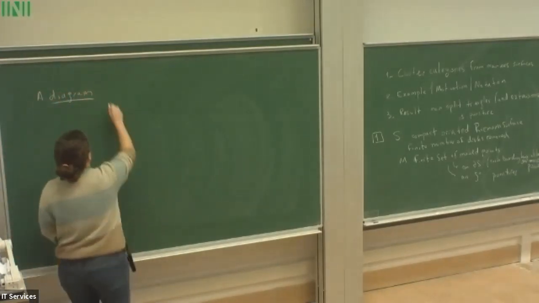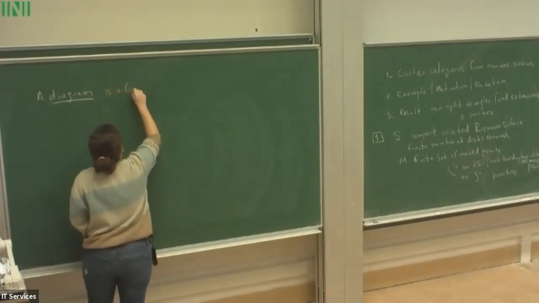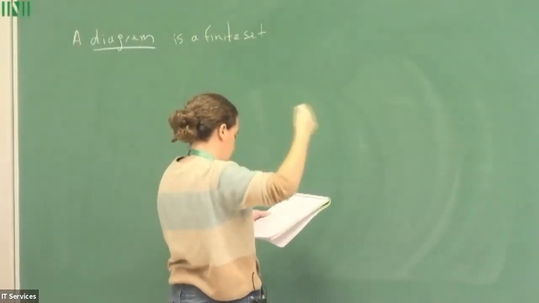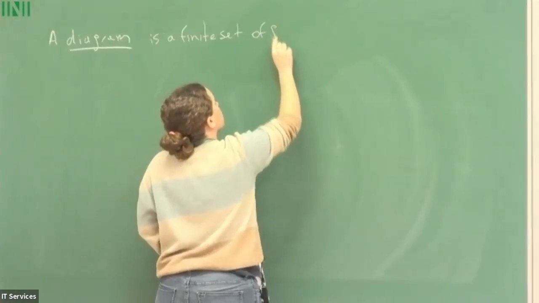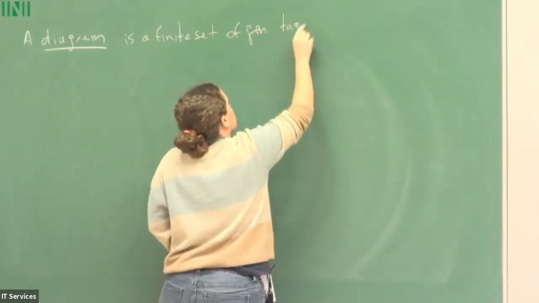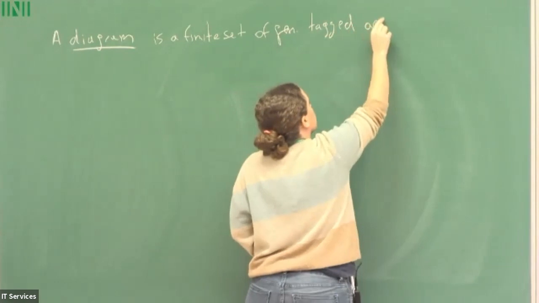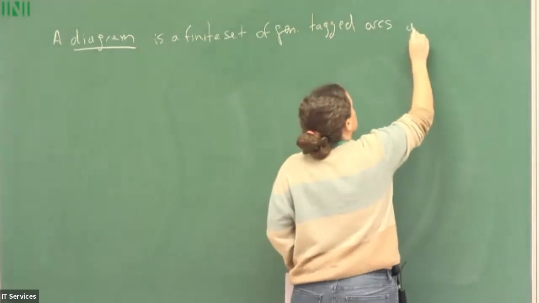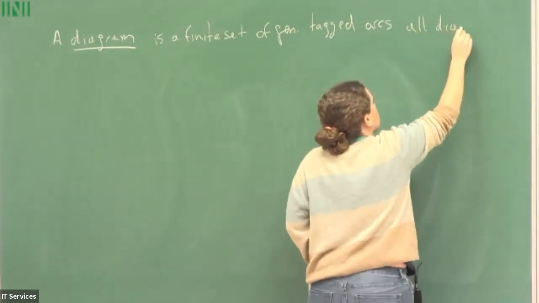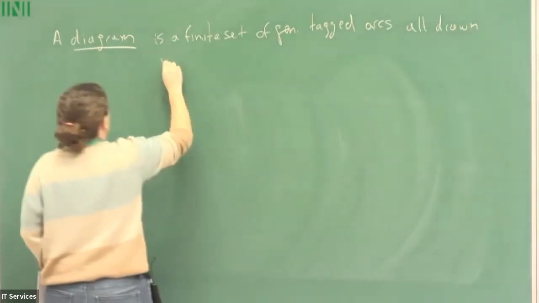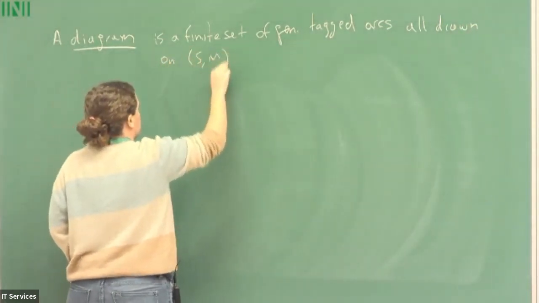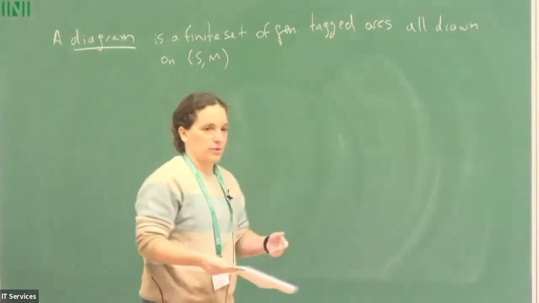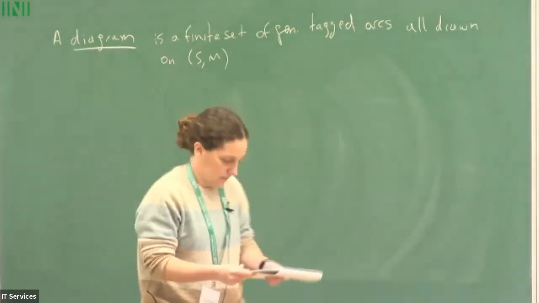It is a finite set of generalized arcs, all drawn in the same surface. And this corresponds to multiplication in the cluster algebra side, and corresponds to direct sum in the cluster category side.